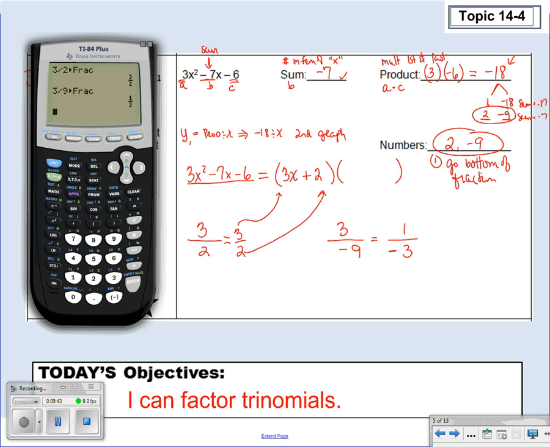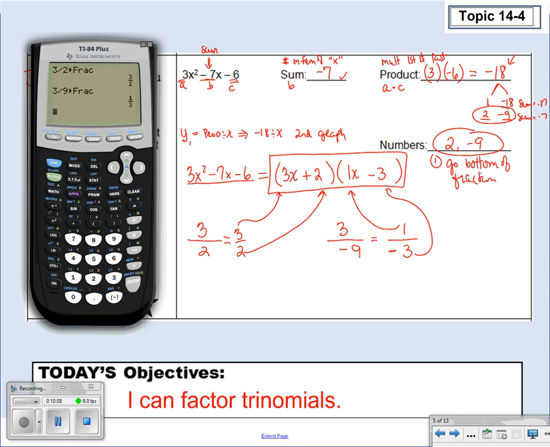I'll look at my second fraction. Top number goes in first, so this is 1x. Bottom number goes in second, so minus 3. I have come up with my factors. We call this bottoms up because we put the numbers in the bottom and then we put something on top and then we bring it on up and make our factors.